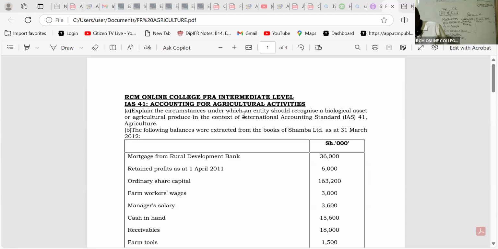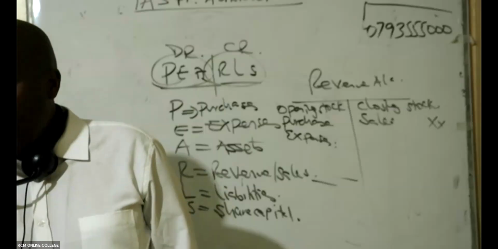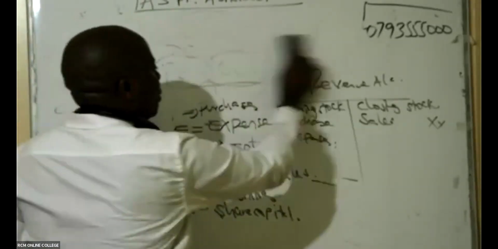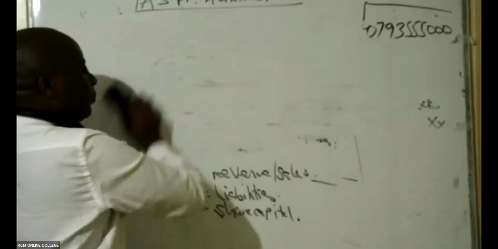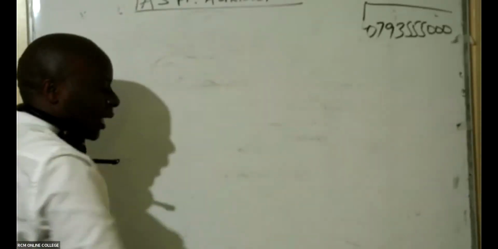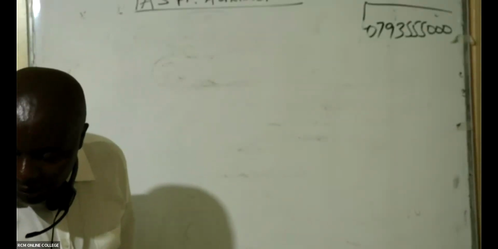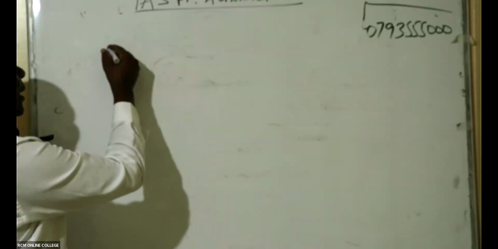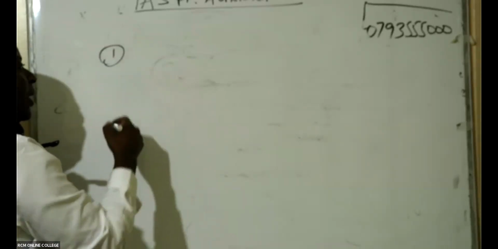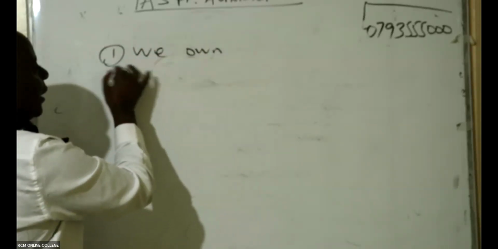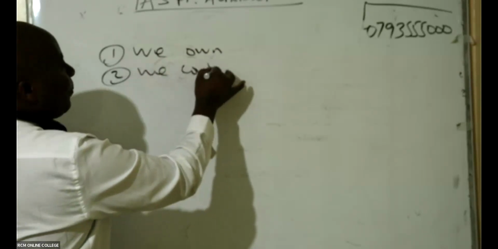The first circumstance for you to account for this biological asset: number one, the company must own it. I can only account for a biological asset if I own it. Number two, we control it.